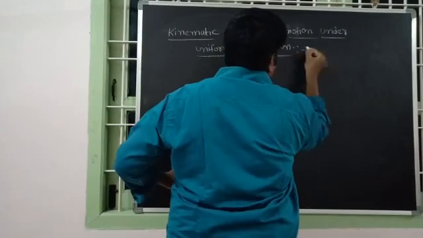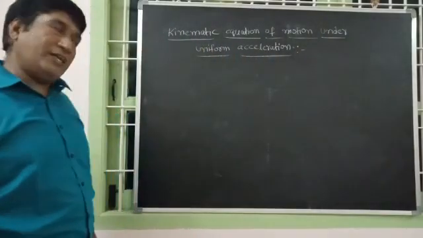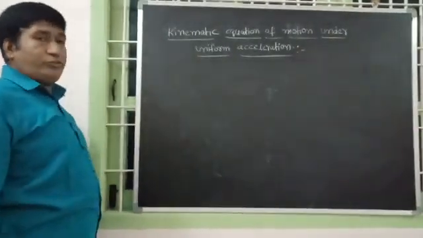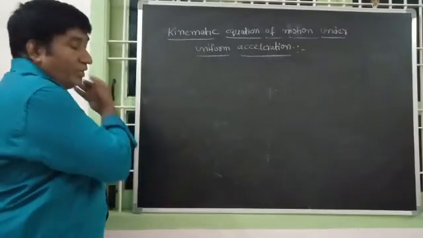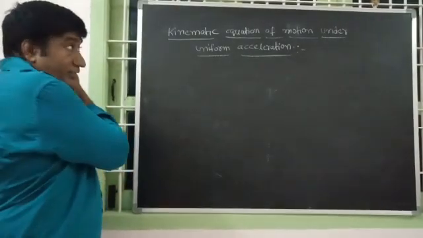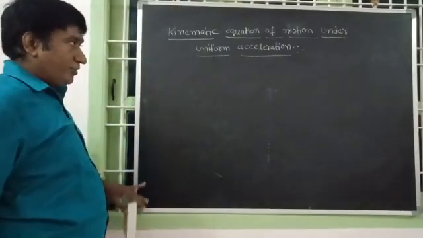These kinematic equations we are going to use in class 11 and class 12, so you have to remember all of this. I think in class 9 also we studied these kinematic equations.